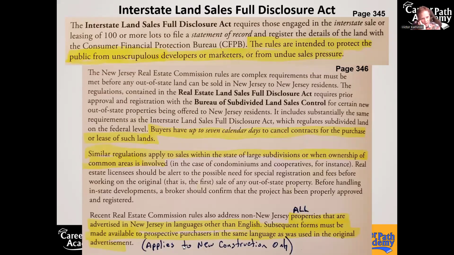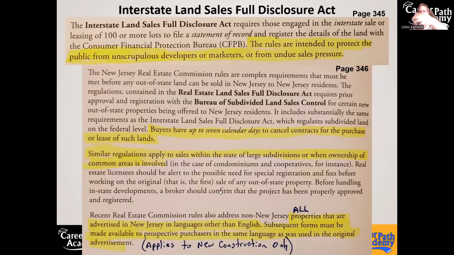Now, the out-of-state properties and in-state construction deals only with new construction. But pertaining to properties advertised in languages other than English, subsequent forms must be available to all prospective purchasers in the same language that was used in the original advertisement. That's because this particular law is pertaining to only new construction.